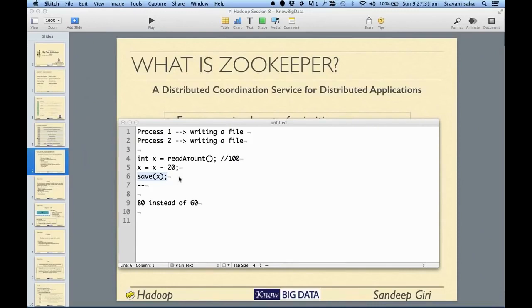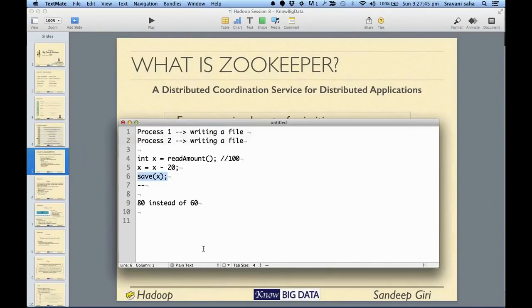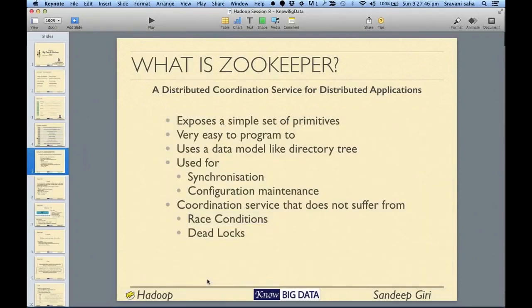Every shell script is inherently prone to race conditions. Why? Because we can pause the shell script execution at any point of time. So in these cases when there are two people trying to take out the amount, we might need a central service which does not suffer from any kind of race conditions.